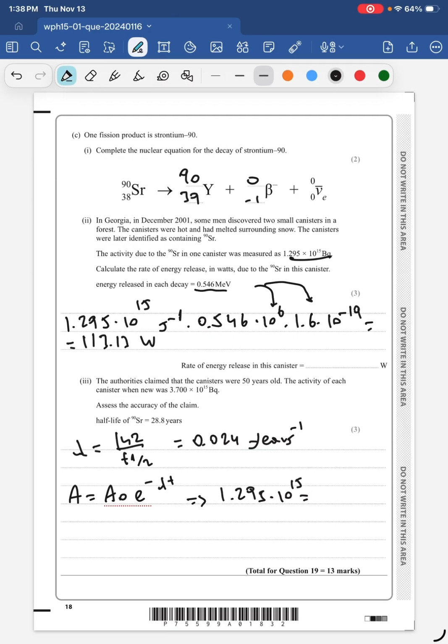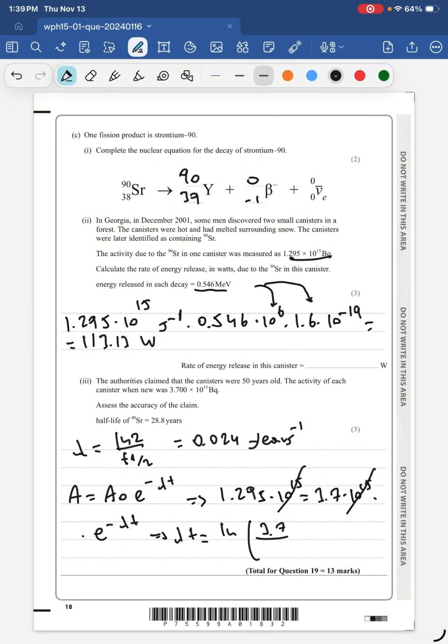This must be equal to 3.7 times 10 to the 15 times e to the minus lambda t, okay? This and that cancel.